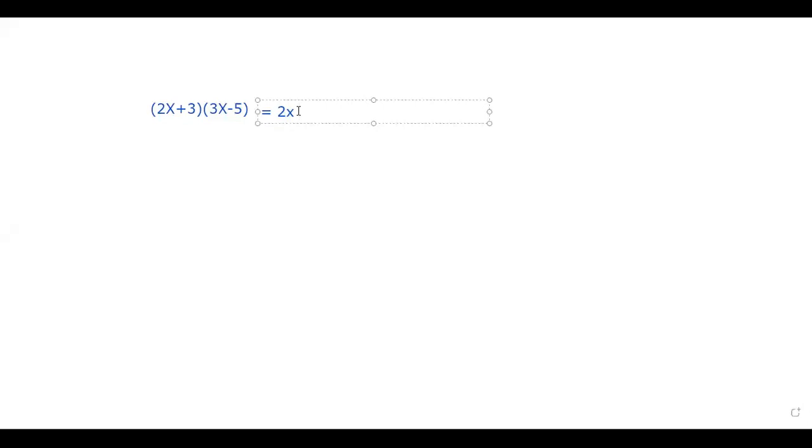Then you will distribute 2x and then open parentheses, 3x minus 5, and then plus 3x minus 5. Then what is the next step?